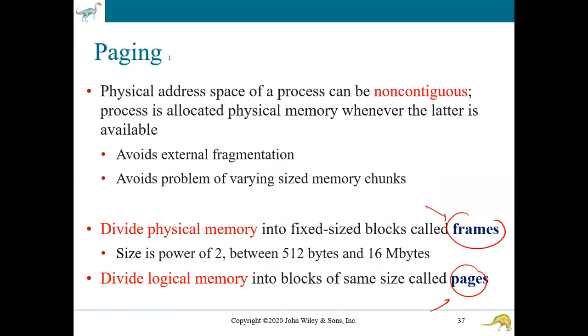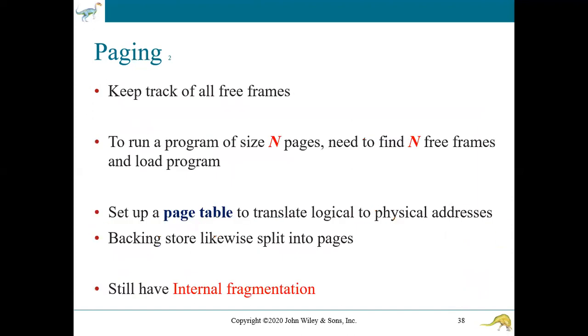Okay, and the size is a power of 2. Okay, so 512 means what? 2 to the power of 9 is 512, right? So 16 megabytes. 16 means 2 to the power of 4. Mega means 2 to the power of 20, right? Isn't it? 2 to the power of 24 is 16 megabytes. Kilo multiplied by kilo is mega, right?